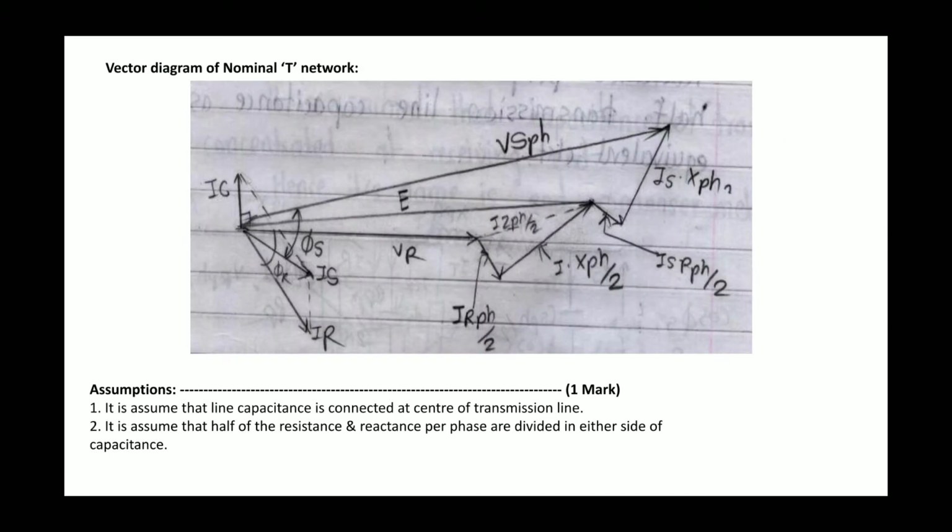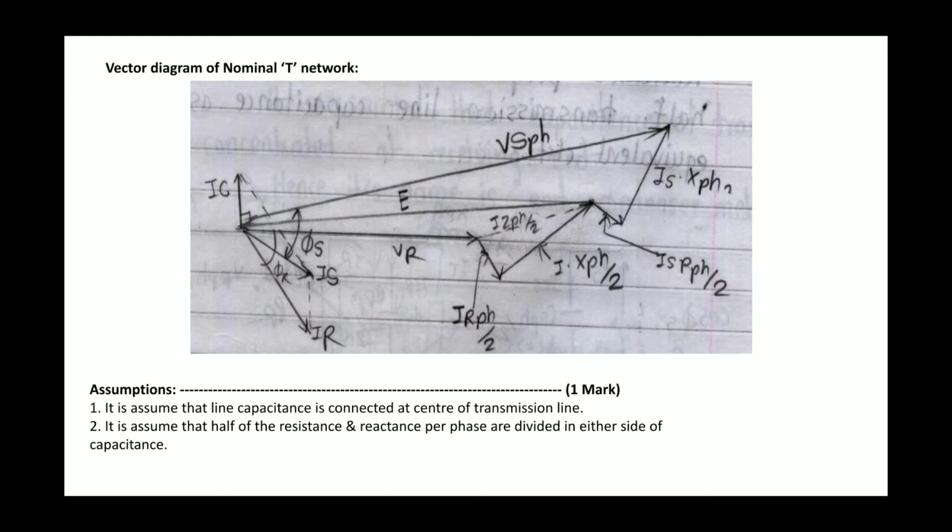For finding this regulation and efficiency, first we draw the vector diagram of the nominal T network by using the equivalent diagram. In this diagram, first you take the voltage as the reference.